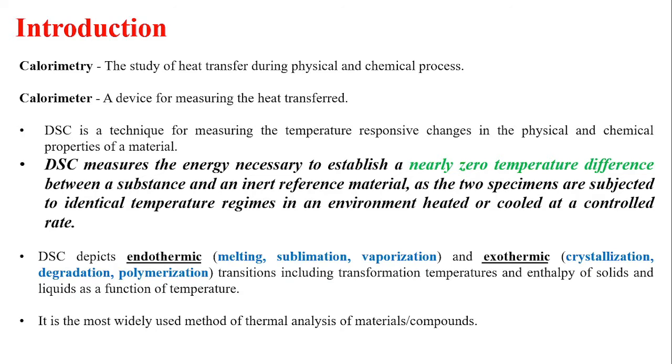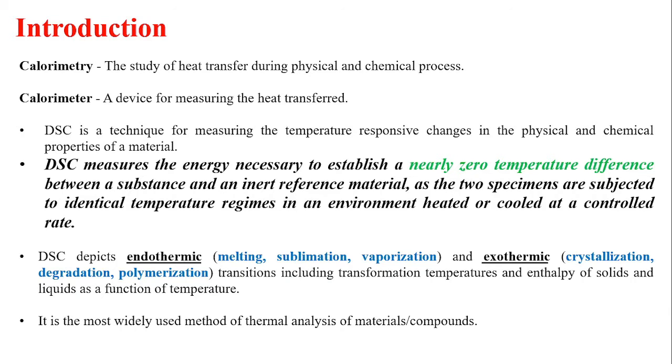Differential scanning calorimetry or DSC is a category of thermal analysis of a sample which is basically used to measure the temperature induced changes and explains the physical and chemical properties of any sample. DSC measures the difference in the amount of heat that is required to increase the temperature of a sample and the reference as a function of time.